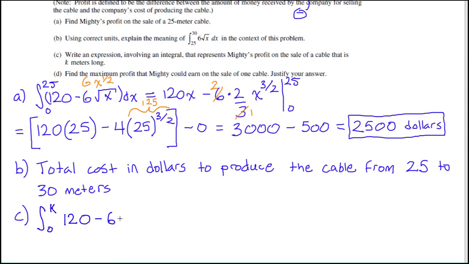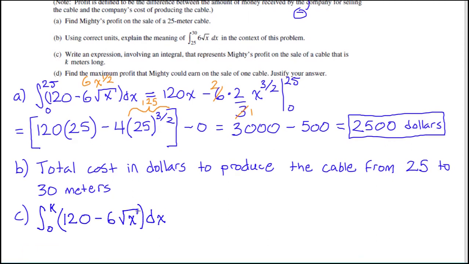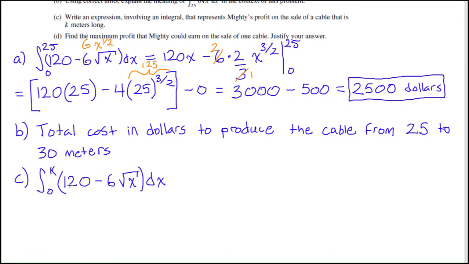Yep. Basically I'm just rewriting the same formula that we had up here, dx. And that's done. We could also separate this so I have 120k minus the integral of 6 square root of x from 0 to k. But I think this is fine.